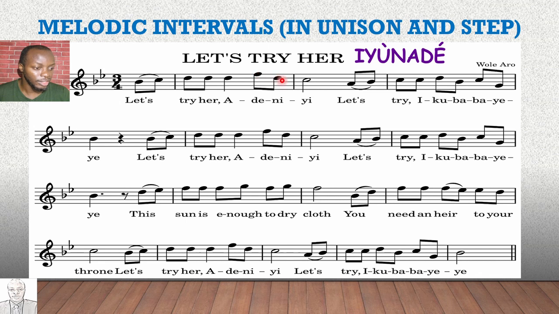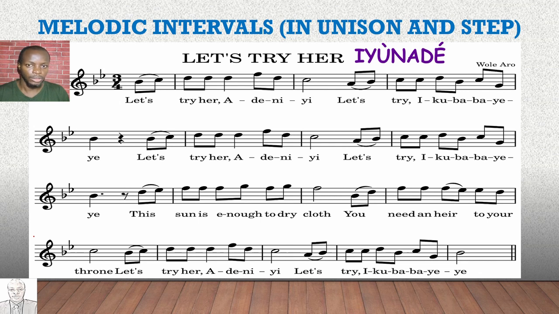And a skip down, step. All right, so we have a leap here, right? So you see that mostly the music is of the interval of unison and steps, but with a few leap intervals here and there, right? Let's get into it.